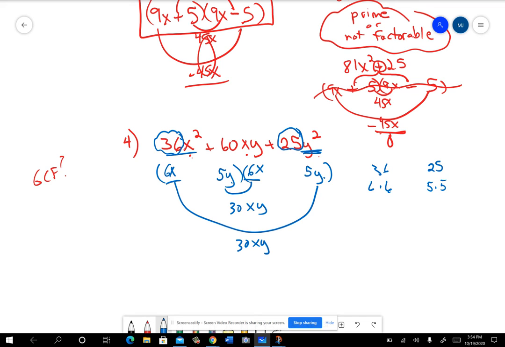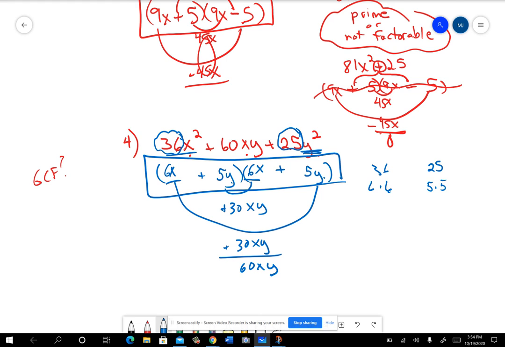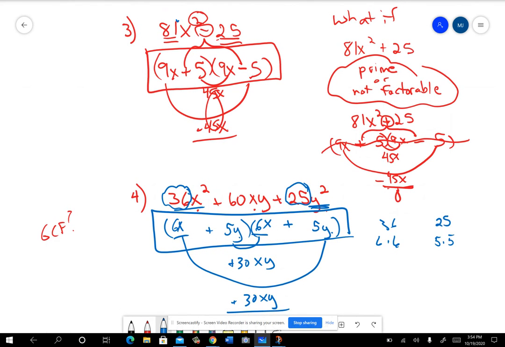All right, so what we want to do here is make both of these positive. And then that's going to give us the 60xy we need in the middle, and everything else works as well. And so 3 and 4 both involve those special numbers that were perfect squares. Okay, so look for those.